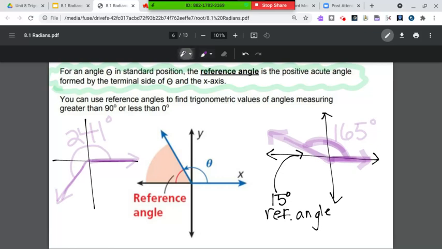Good job, Korea. 61 degrees is your reference angle. Remember, for a reference angle, you are determining how far away your terminal side is from the x-axis. So always go back to that 180.